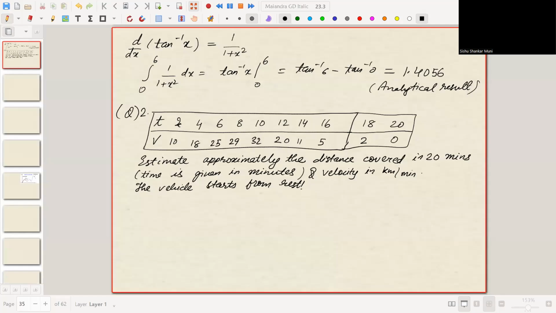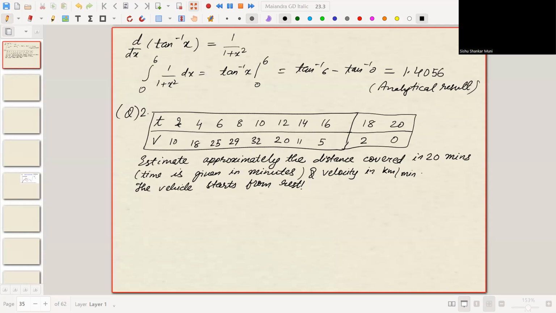So now we have an applied problem. Previously, we had a mathematical function, and we generated data from the mathematical function. Now a data set is being given to you. This data set is from a vehicle. The vehicle starts from rest. That means that at t equals 0, velocity equals 0.